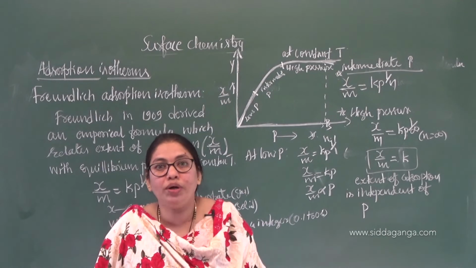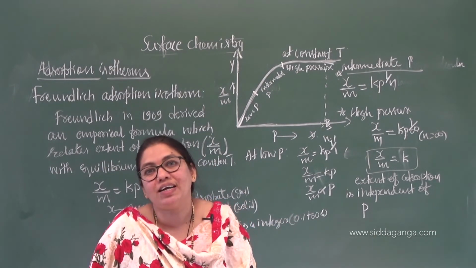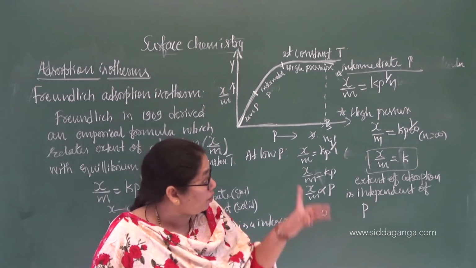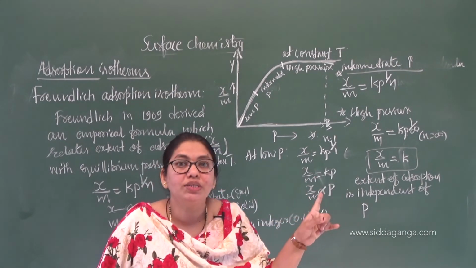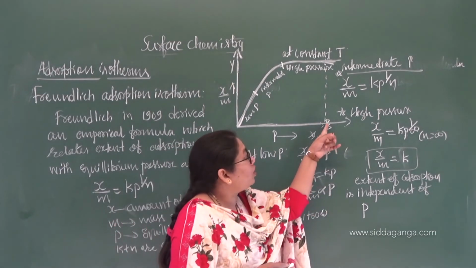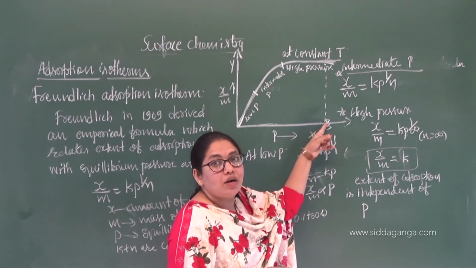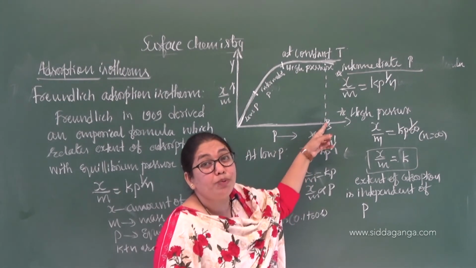That has become the limitation of this Freundlich adsorption isotherm. It cannot be applicable at high pressure, because it leads to saturation. What do we mean by saturation pressure? The rate of adsorption is equal to the rate of desorption.